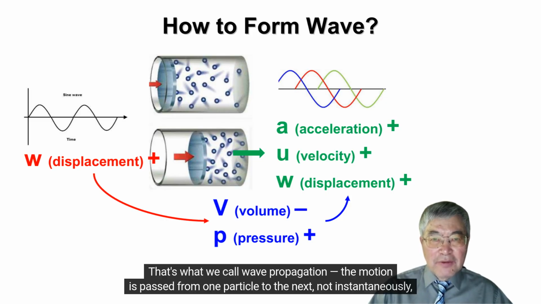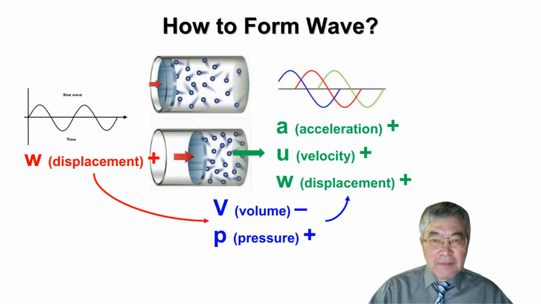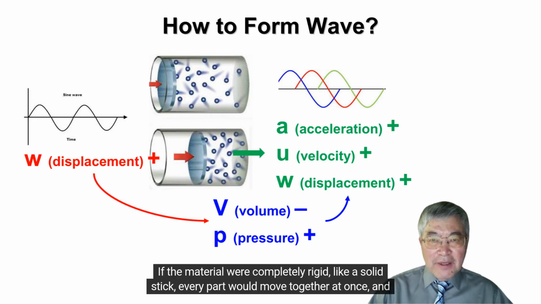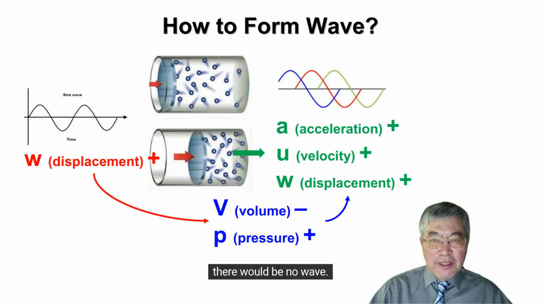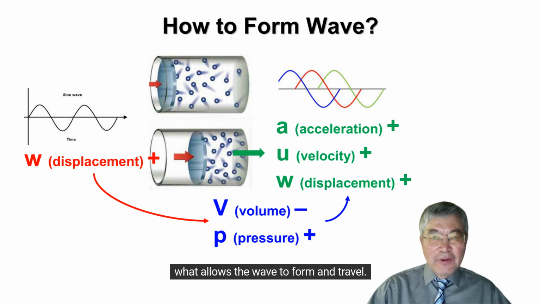The motion is passed from one particle to the next, not instantaneously, but through a sequence of tiny, delayed reactions. If the material were completely rigid, like a solid stick, every part would move together at once and there would be no wave. But because biological tissue is elastic, parts of it move at slightly different times, and that's exactly what allows the wave to form and travel.